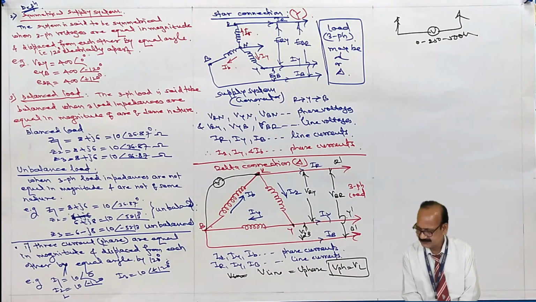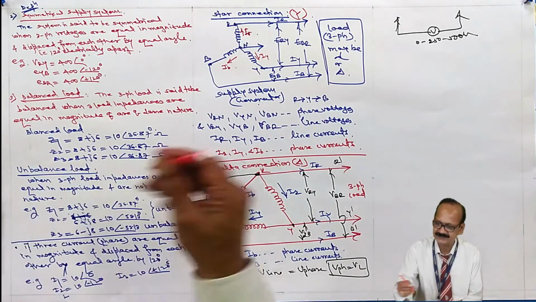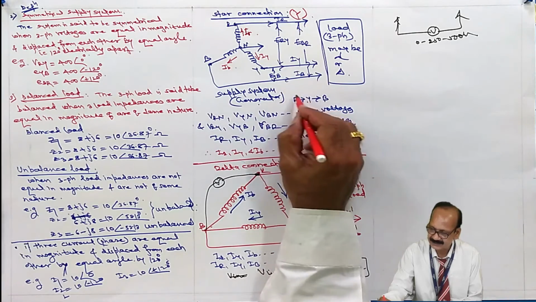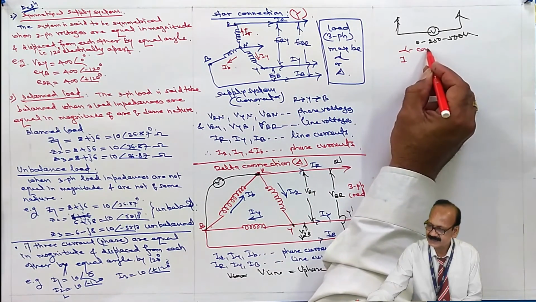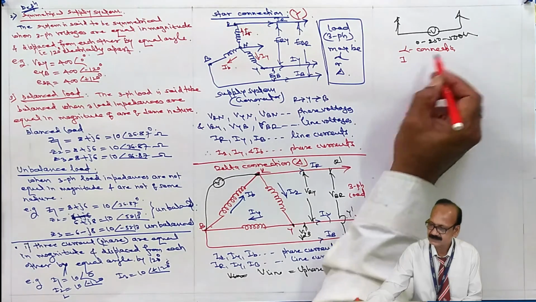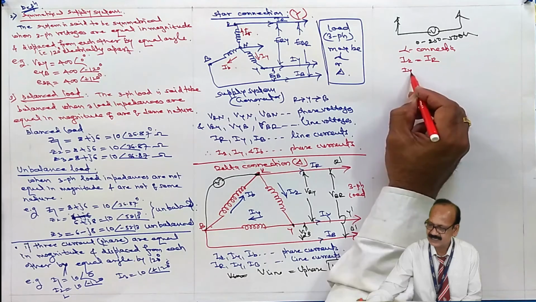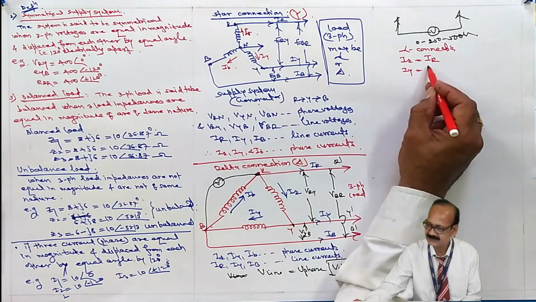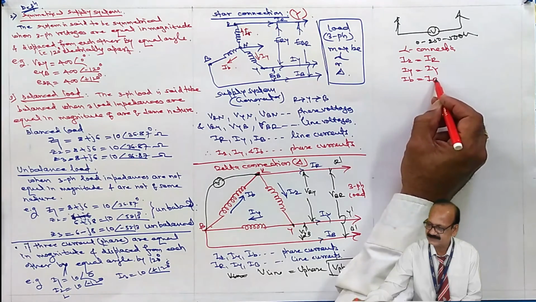But in delta connection, phi PH equals phi L. And if you observe carefully in case of star connection, small IR equals capital IR, small IY equals capital IY, small IB equals capital IB.